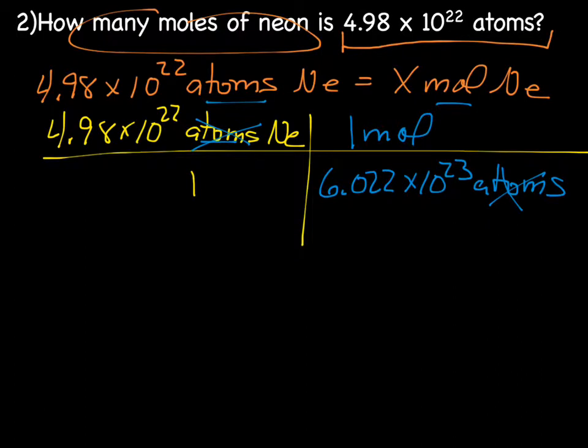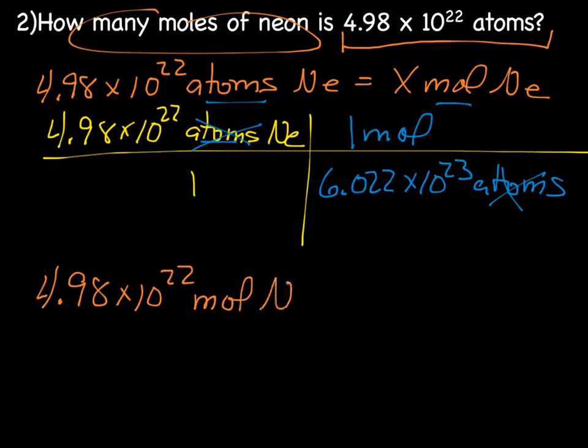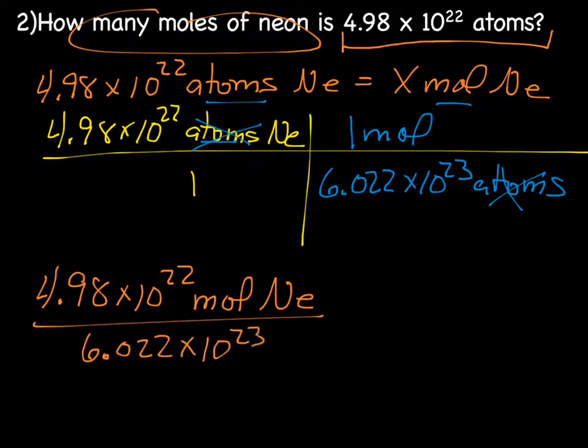So now let's multiply across the top, giving us 4.98 times 10 to the 22nd mole of neon over 6.022 times 10 to the 23rd. Divide. And in my calculator, I got 0.082696 and some more mole neon.